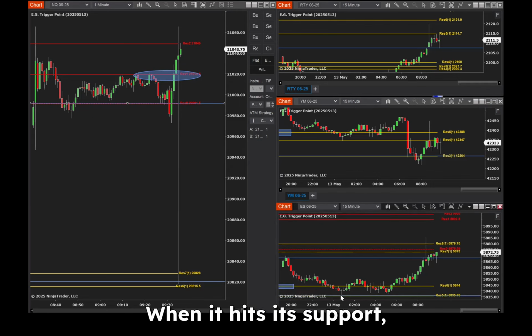When it hits its support, it goes up. When it hits its resistance, it goes down. Disagreement means that, for instance, NQ hits its resistance by the time a correlated instrument hits its support. Now, since NQ hit its resistance, it wants to go down. Since, let's say, ES hit its support, it wants to go up. It's contradicting.